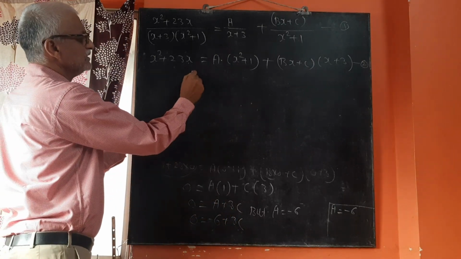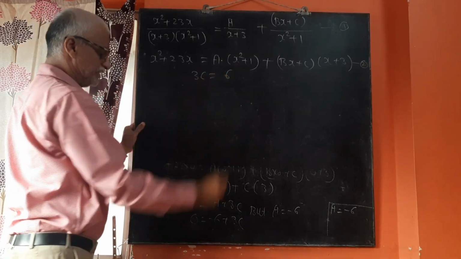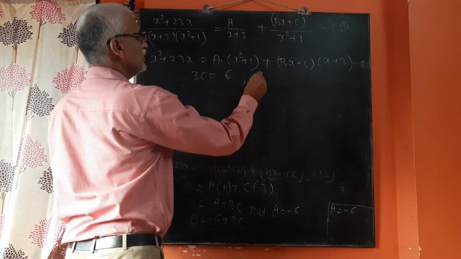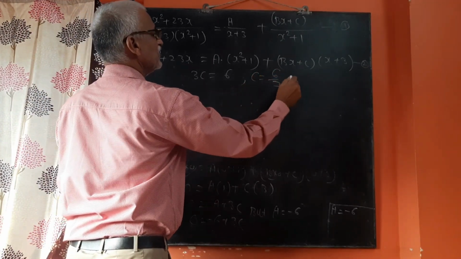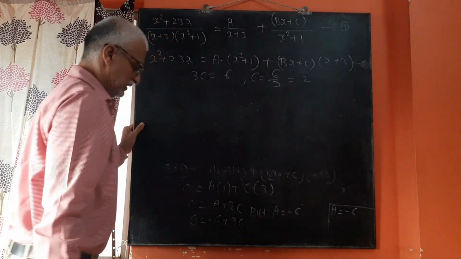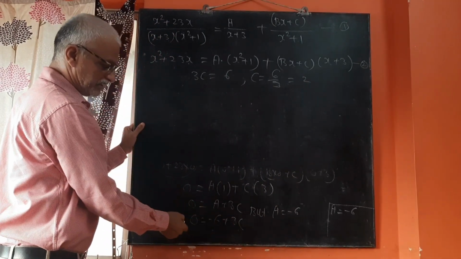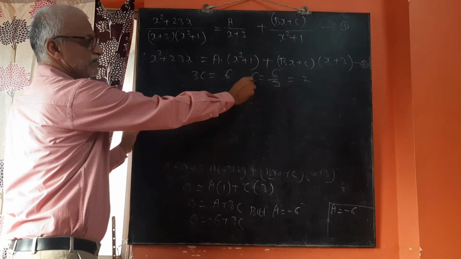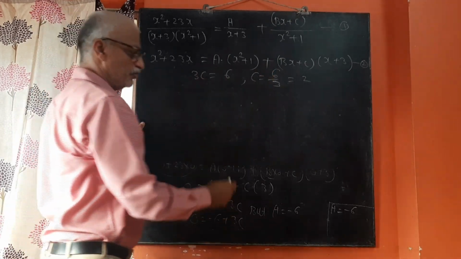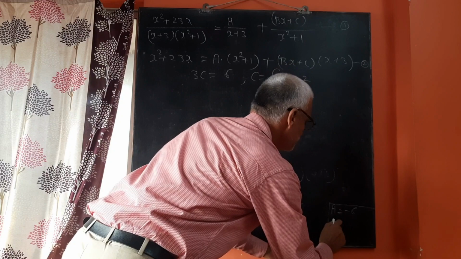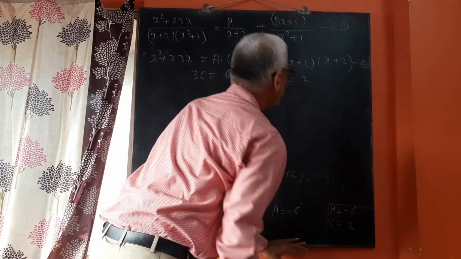That means 3c equals 6, or we can write c equals 6 by 3, which equals 2. The 6 goes to the other side, so 3c equals 6 and hence c equals 6 by 3, which is 2. So the value of c we have got is 2.